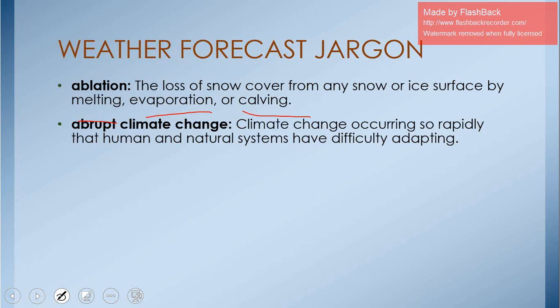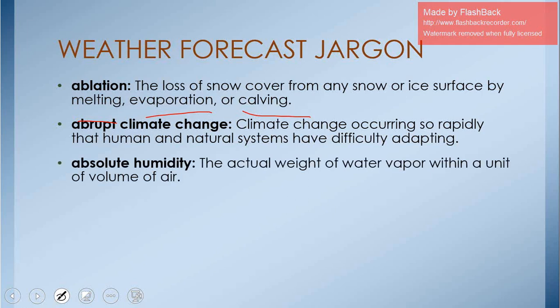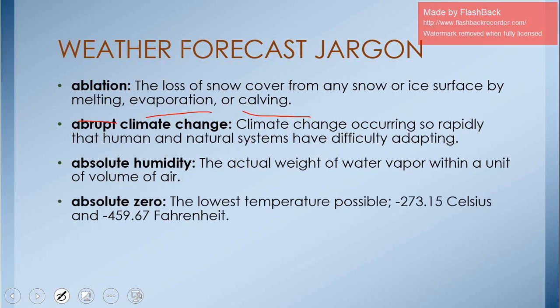Abrupt climate change: you will say it's an abrupt change, but they have a proper definition about it. Climate change occurring so rapidly that humans and natural systems have difficulty adapting. Absolute humidity: the actual weight of water vapors within a unit of volume of air. They have a proper definition of absolute zero. You don't understand what it means to be absolute zero, but they have the definition of it in their weather forecast jargon.